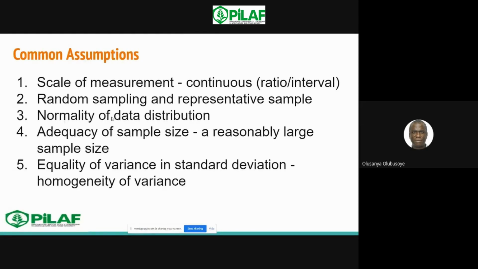The second question is whether the sample is randomly selected. You need to establish that the sample selection process, or the process that generates the data, is random. It's not only random, it's representative.